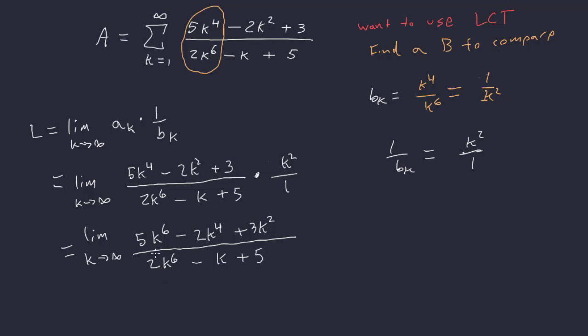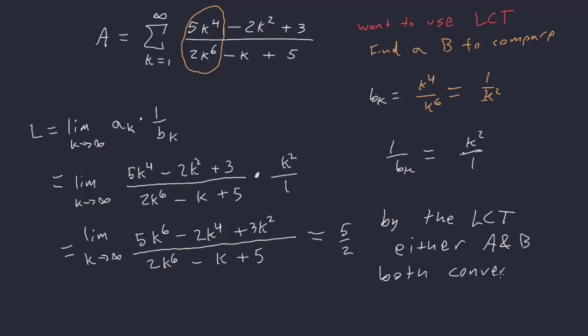And now we have a limit here where the highest powers of k match, so the whole thing is going to go to 5/2. This is positive and finite, so by the limit comparison test, either A and B both converge or diverge.